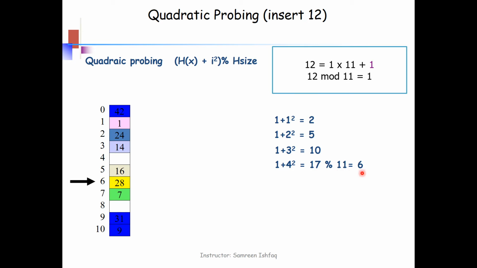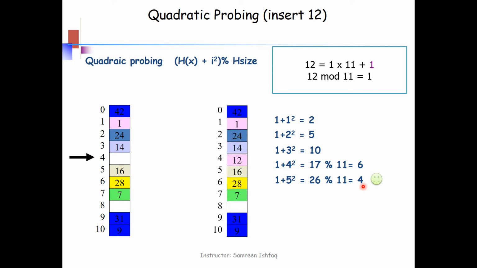Now we will check the 6th index, again a collision occurs. The number of collisions is 5. 1 plus 5 squared is equal to 26. 26 is also greater than the table size, so again take mod with the table size. 26 mod 11 is equal to 4. Now we will insert 12 at the fourth index. So in linear probing, we were checking the next empty slot, but in quadratic probing, the data gets scattered somewhat with i squared.